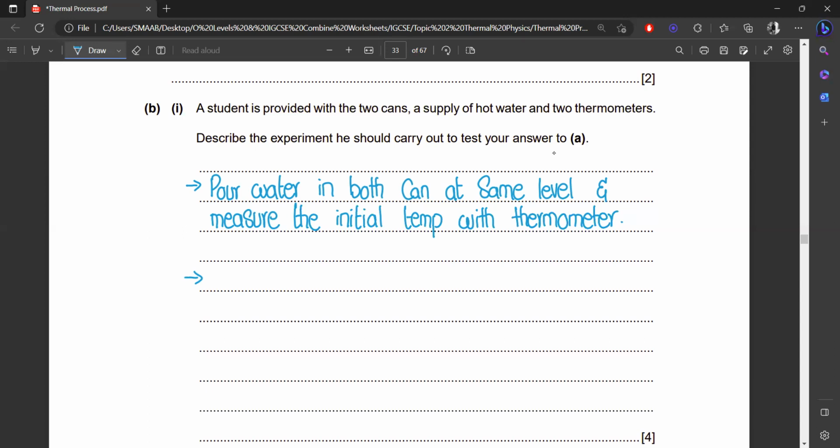Otherwise, it will also record the temperature of that body, so it depends upon conduction or other processes. So we have to check that the thermometer is not touching the walls of the can.